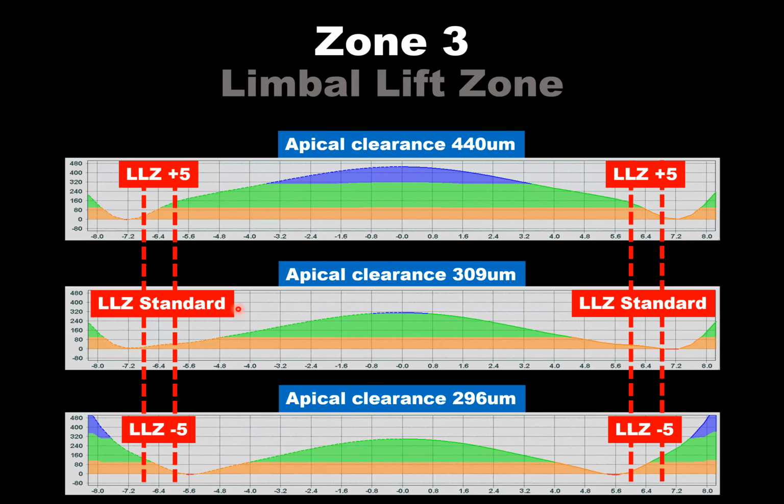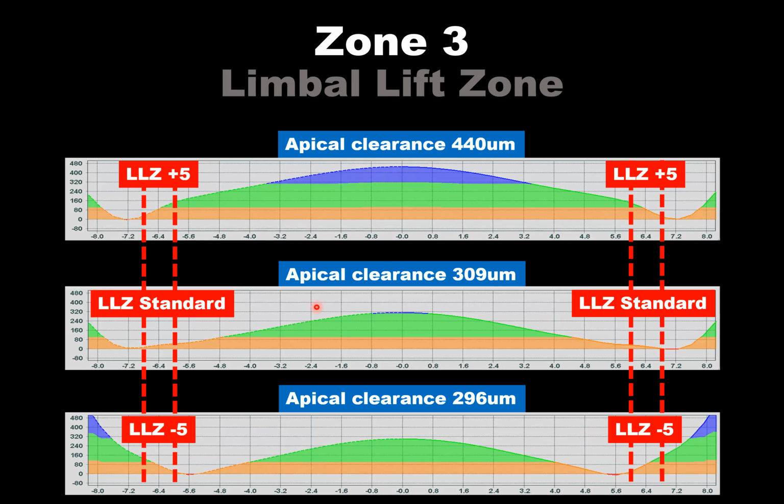And you can see that here, where the lens may be very close to the limbus. By increasing the limbal vault, I'm moving that lens away from the limbal surface. I'm creating more vault between the corneal tissue or limbal tissue and the back surface of the lens. So by adjusting the lens 5 steps, again 5 times 25, each step is a 25 micron adjustment, I'm raising the sagittal depth of the lens approximately 125 microns.